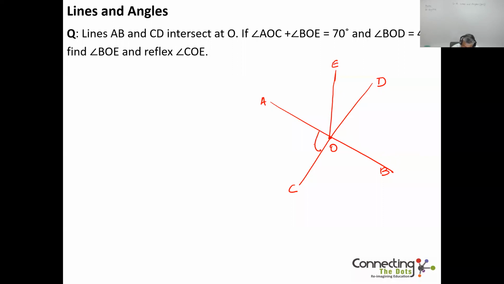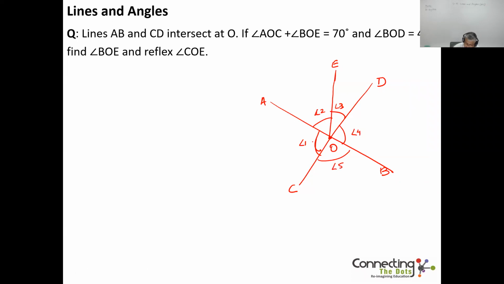So let's name our angles: angle 1, angle 2, angle 3, angle 4, and this is angle 5. COE is reflex, and BOE is this angle. So we are supposed to find BOE and COE. Let's mark it.